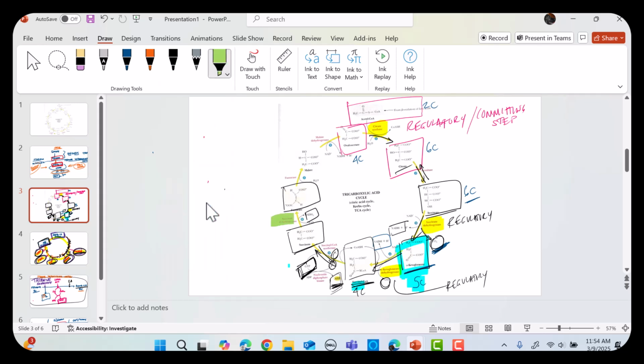We'll do green. Okay, so you have to know your regulatory enzymes. Depending, again, on what book you're reading, some books will call succinate dehydrogenase regulatory. Some will say it's not regulatory. This reaction's reversible, so hang on, how can it regulate?